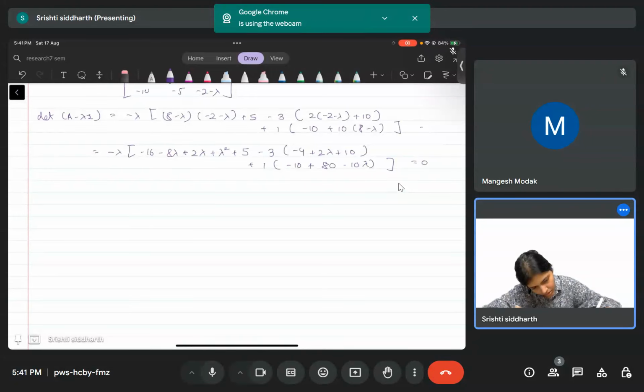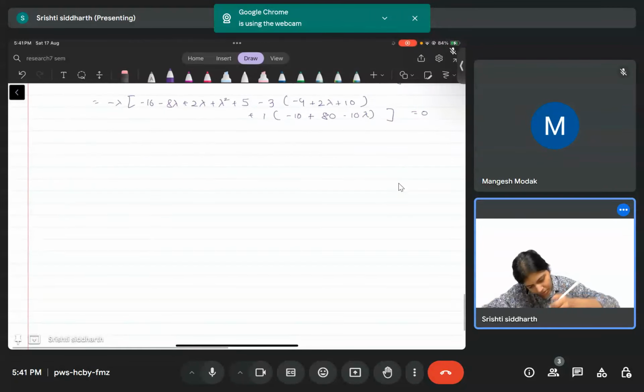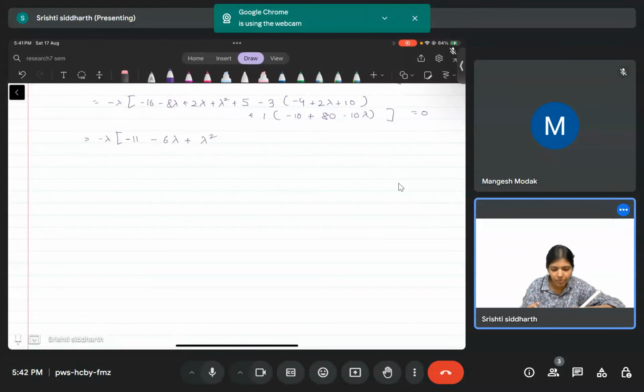This is 0, this is 0. Then we have lambda squared minus 6 lambda minus 30. Let's simplify this: 70 minus 10 lambda.